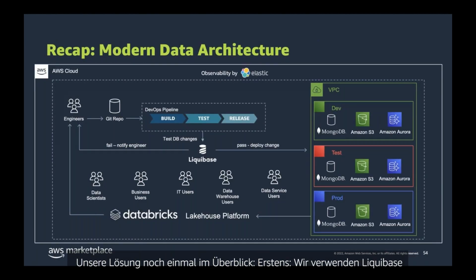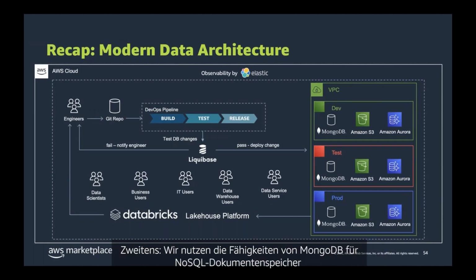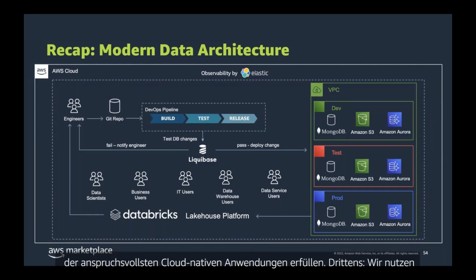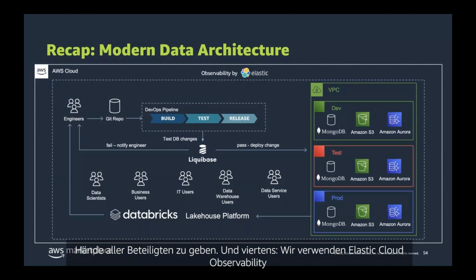To recap our solution, 1, we use Liquibase to manage database migrations and treat data as part of a DevOps lifecycle. 2, we leverage the capabilities of MongoDB for NoSQL document storage that can scale to handle performance and availability requirements of the most demanding cloud-native applications. 3, we use Databricks Lakehouse platform to break down data silos and put information into the hands of all practitioners.